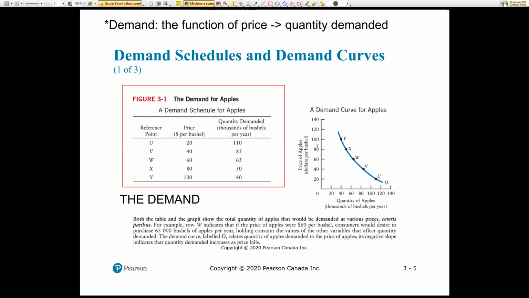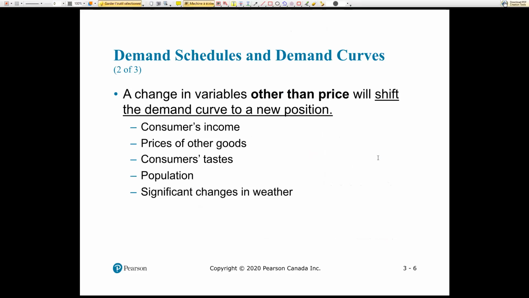That's what we call it. If you have a change in price, then you have a movement along this line, and if you have a change in some other variable that's not price or quantity, then you have a shift in the line. So a change in a variable that's not the price will shift the demand curve to a new position.